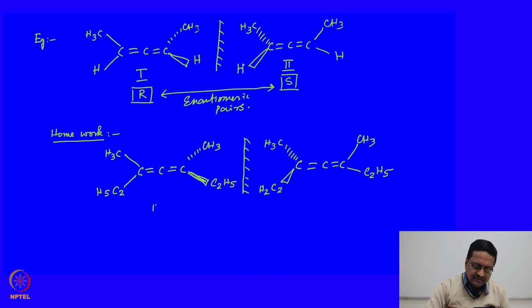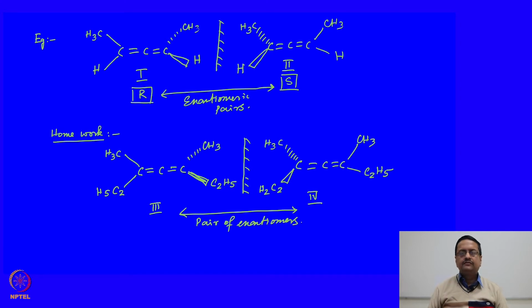Let us give these numbers as 3 and 4. You can easily see that they are also a pair of enantiomers. So, draw the Fischer projection of these two isomers and determine their absolute configurations.